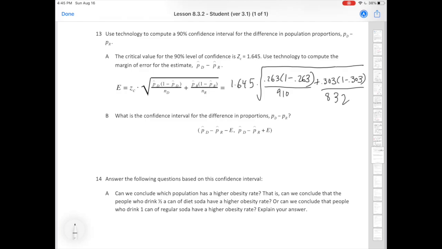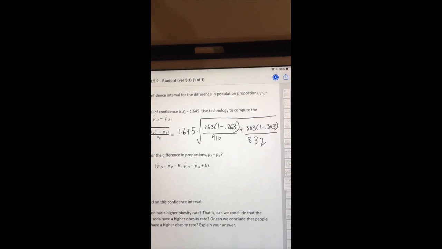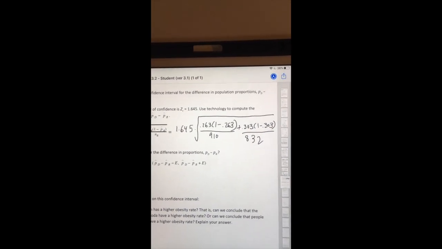So this is what we're going to put in our calculator, okay? This is a complicated calculator function, but I want to show you guys how to do that all at once in the calculator. So let's see what our calculator says here.